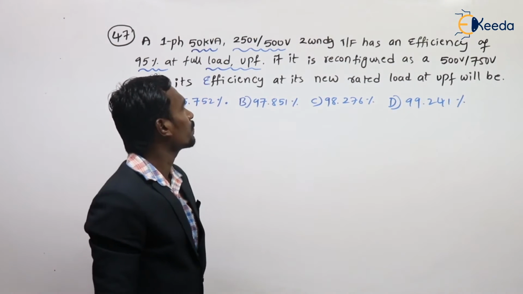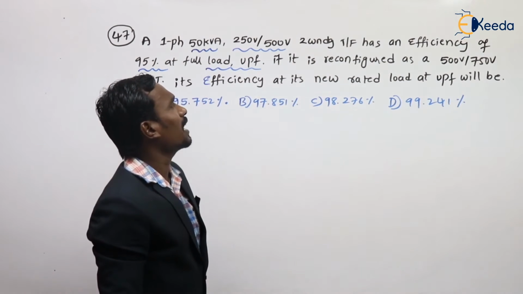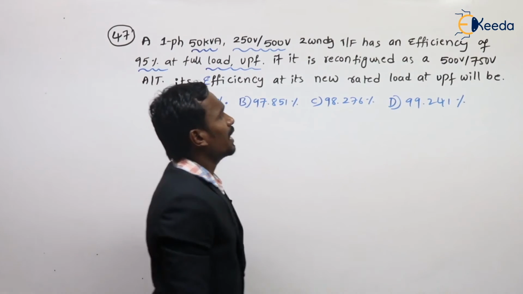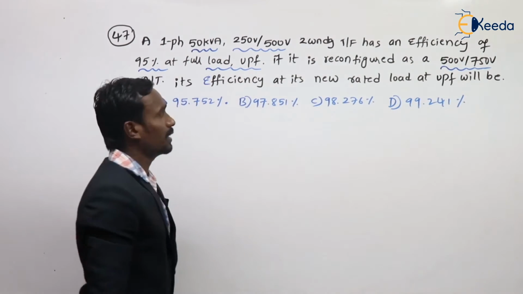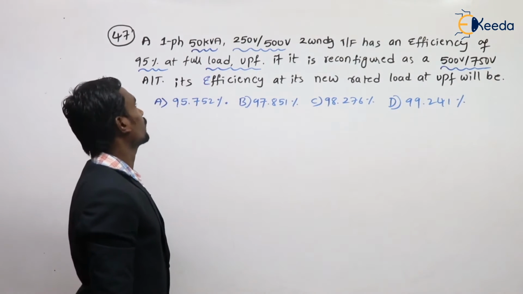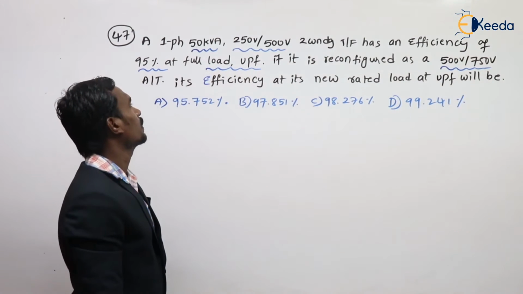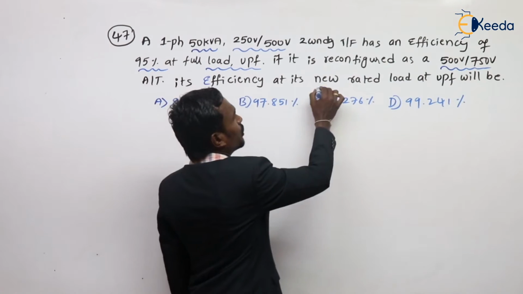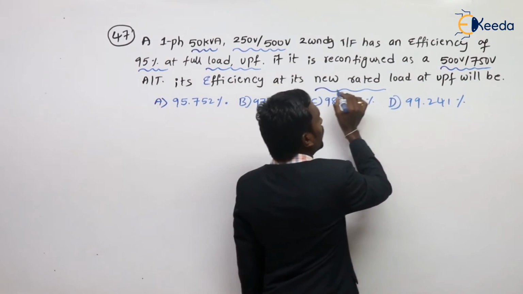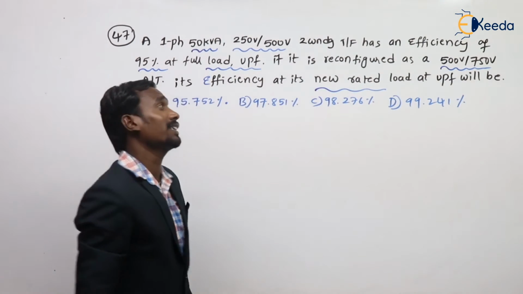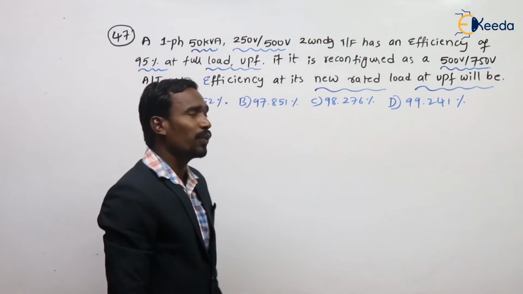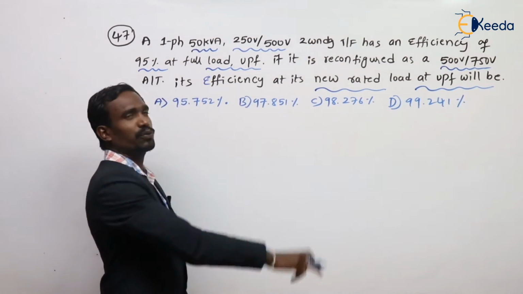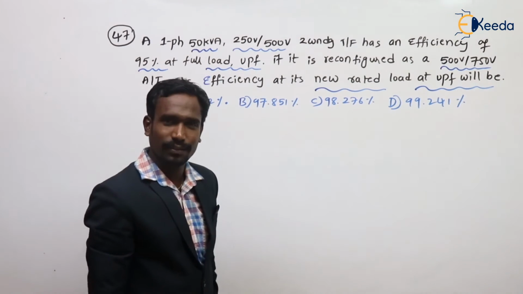If it is reconfigured as a 500 by 750 volts auto transformer, its efficiency at new rated load and unity power factor will be. Now we want the efficiency of the auto transformer at new rating.